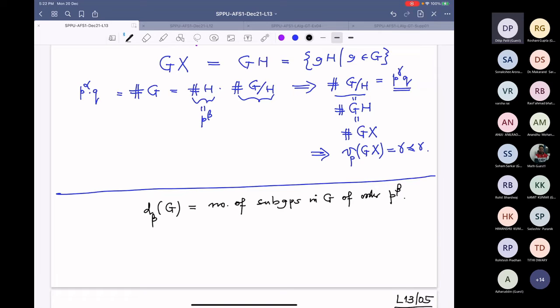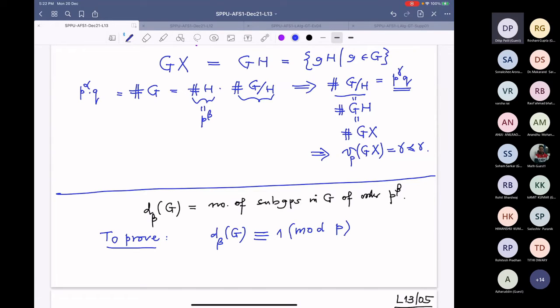And to prove this number d beta G is congruent to 1 mod p.